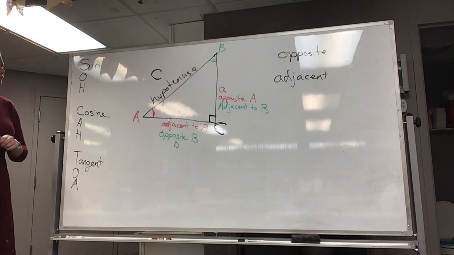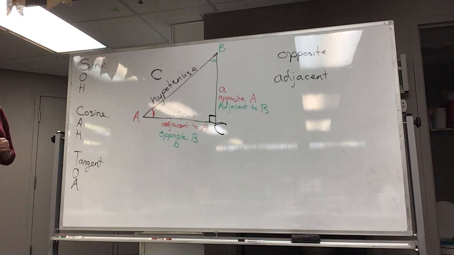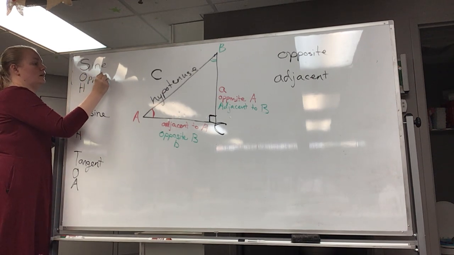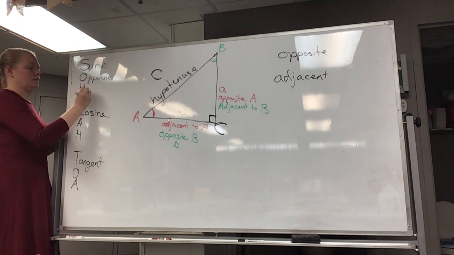So, sine is actually spelled with an E on the end. I should write it out completely. The S-I-N is the abbreviation. So, what do you think O stands for? Opposite. And the H? Hypotenuse.